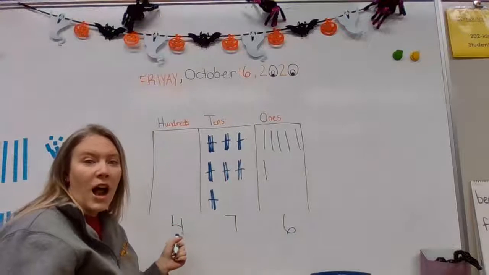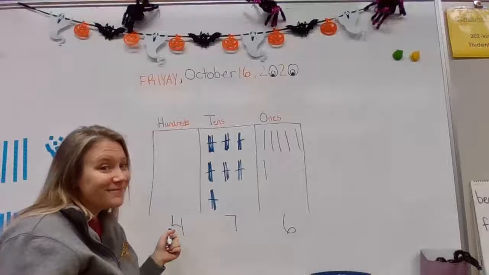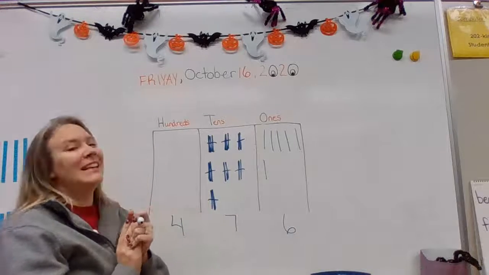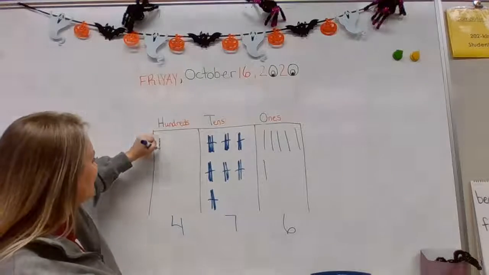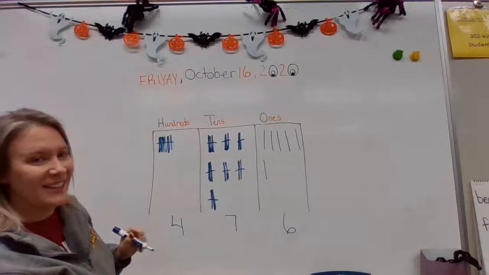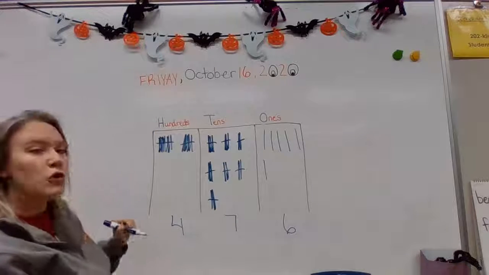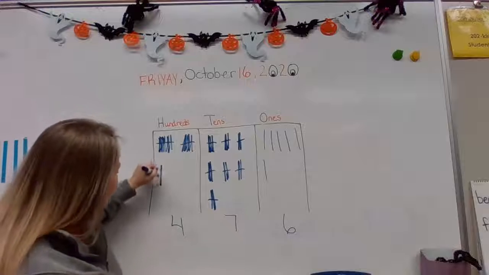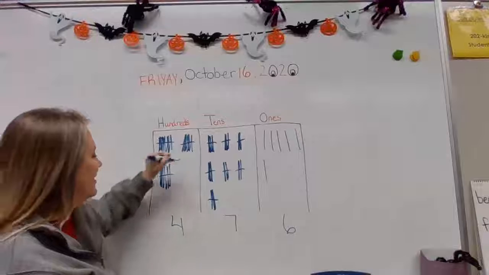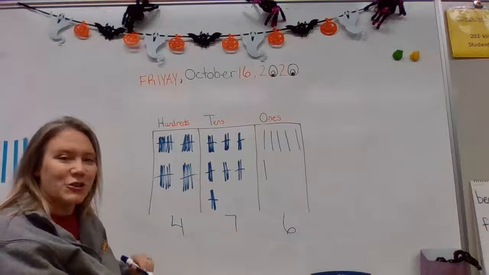Okay, hundreds. We need 4 hundreds. So what are we going to skip count by now? Hundreds. Yes, we're going to skip count by hundreds. Let's get drawing. 100, 200, 300, 400.